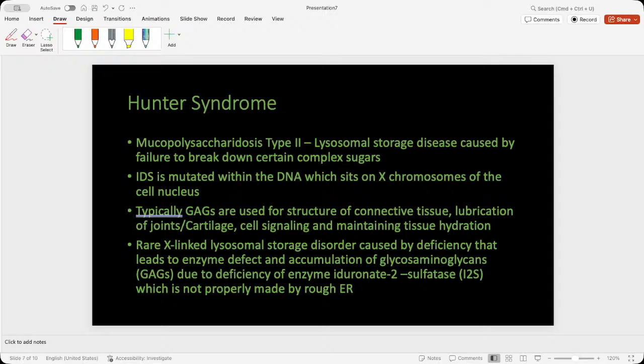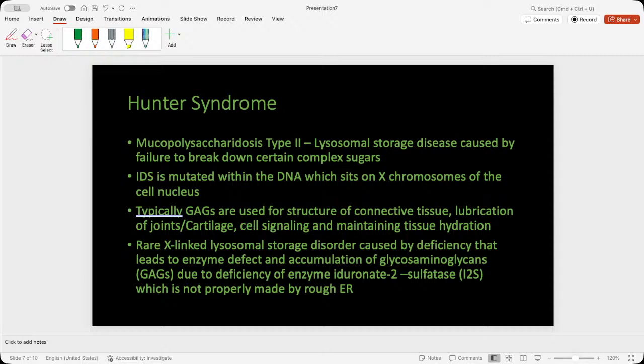But when the gene within the nucleus of that cell, in the DNA, is mutated, it prevents the ribosomes from building a proper enzyme to break down that complex sugar.